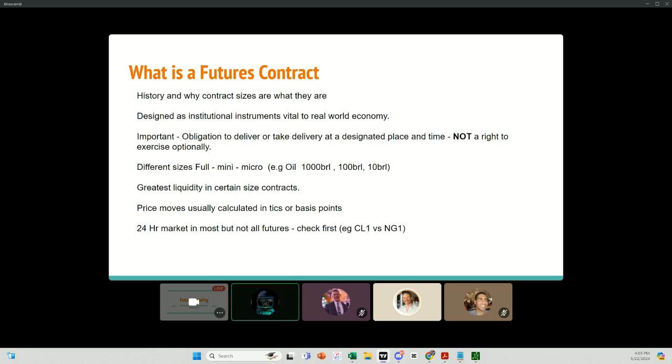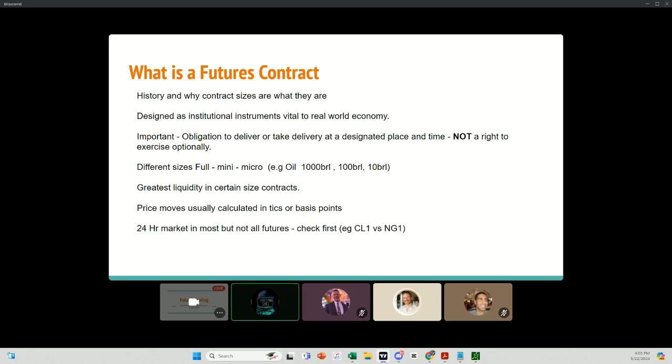You have different sizes of contracts: the full size contracts, minis, and micros. The minis and micros tend to now have some of the most liquidity, especially in financial markets. And probably the one that's got more liquidity in the full size contracts is the Forex market. Price on contracts is calculated in some of them as ticks, but most of them are basis points, and a basis point is generally made up of a few number of ticks.